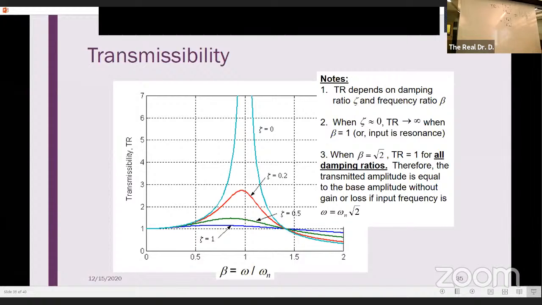At beta equal to root 2, the transmissibility, regardless of what your damping ratio is, is equal to 1. Beta being equal to root 2 is not ideal, but it's not the worst case scenario. Transmissibility of 1 just means you get out exactly what you put in, which depends on what you need, but at least it's not amplifying.